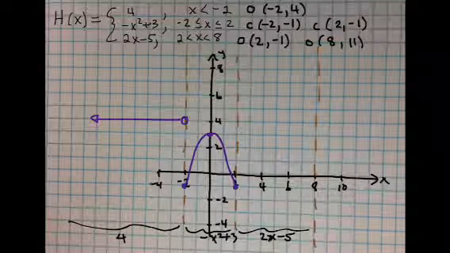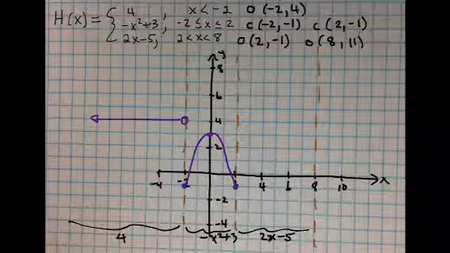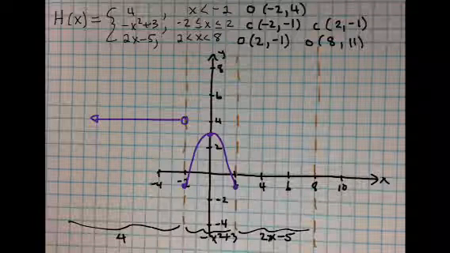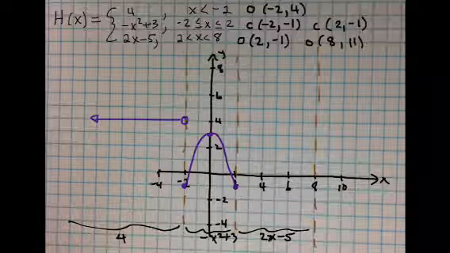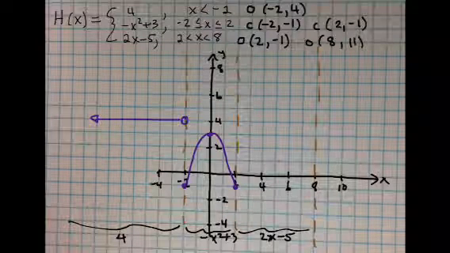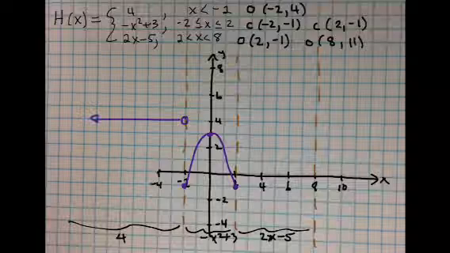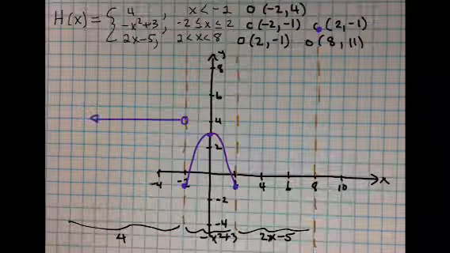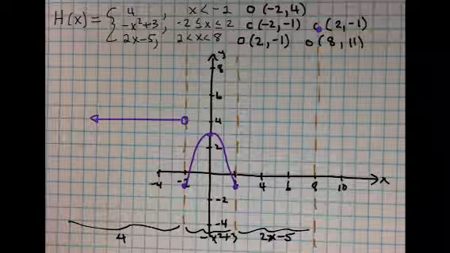And then for the third piece, I do my 2 open dots at 2, -1. Now notice there's already a point at 2, -1, and it's closed. So you don't have to draw a bigger open dot because it's already filled, so that's okay. And then you go to 8, 11. I'm going to go right here, right in that section. That's 8, 11. And the slope of that line is 2, so if you want to just use a ruler and connect the 2 points, that's fine.